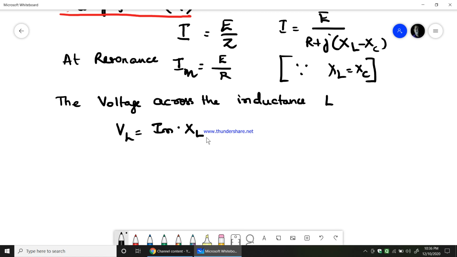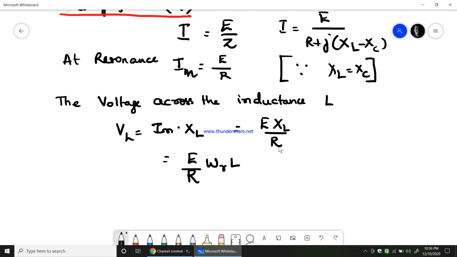Im into XL is normally VL. Now what is Im? Im at resonance is E by R. Therefore, E into XL divided by R is the voltage across the inductance that we get. So this would be equal to E by R into omega R L, because XL is omega R into L.